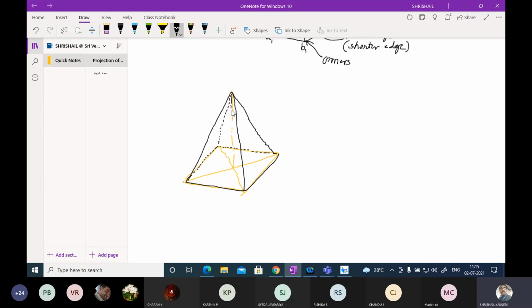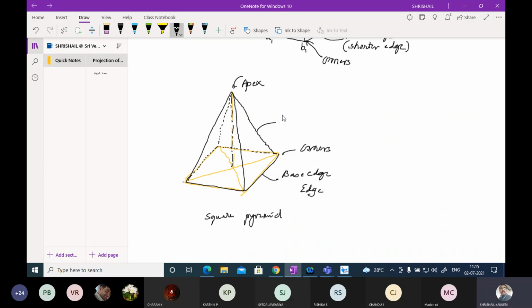And this is the axis line. And here also it is called a square pyramid, because it has the apex at the top. These are called the base edges, or simply we can say edges. And these are called the corners.